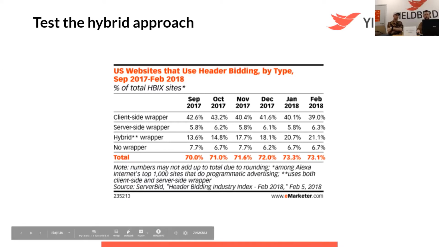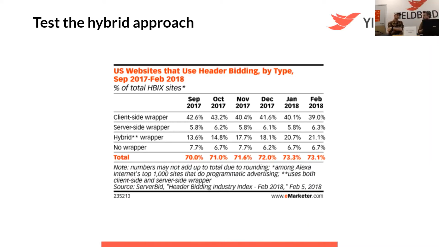So test the hybrid approach, start small, start client side with open bidding, start with 3 or 4 bidders, expand, exchange different bidders for mobile and desktop. It all matters. Different bidders for different geos. It also matters if you have sites that have other countries as the main source of traffic. Go ahead and test.